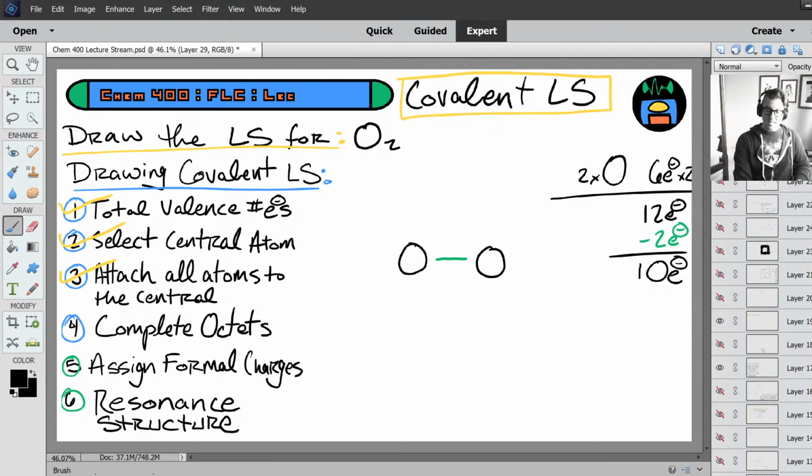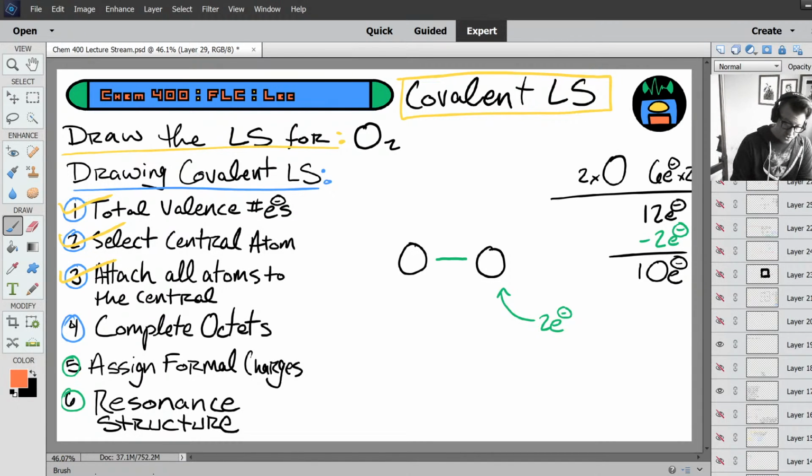Now we're going to do the same thing that we did with the previous example with nitrogen, where we've attached everything and now we have to complete our octets. You'll notice that this oxygen right here has access to 2 electrons, but we have to have a full octet, right? It needs 8.